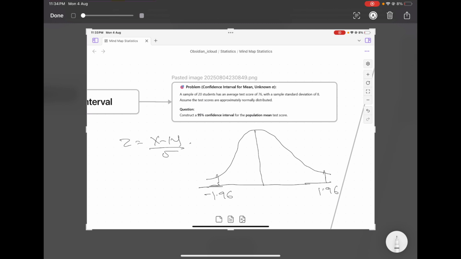You can substitute here and get x is equal to 1.96 into 8 plus 76.